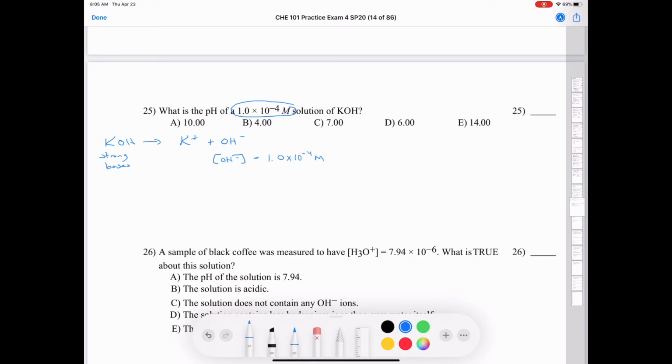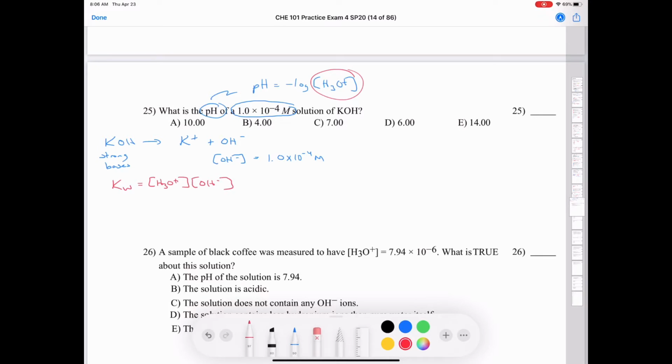Now, if I want to figure out the pH, I know that the formula for pH is that pH is equal to minus log of the concentration of hydronium. So the question becomes, how do I get the concentration of hydronium? In order to get that, you need to know that the Kw for the auto ionization of water is equal to the concentration of hydronium times the concentration of hydroxide.